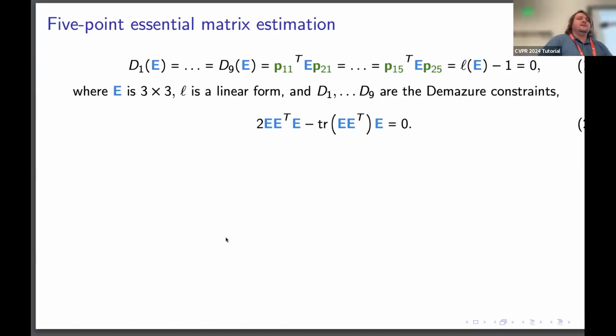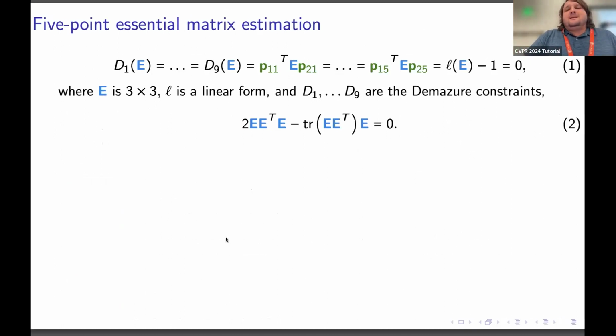Okay, so I'll conclude with the 5-point problem. This is, again, just an illustrative problem. We don't need homotopy continuation to solve this. Nister's algorithm works just fine, but I just want to illustrate concepts. So hopefully we're somewhat familiar with the essential matrix.